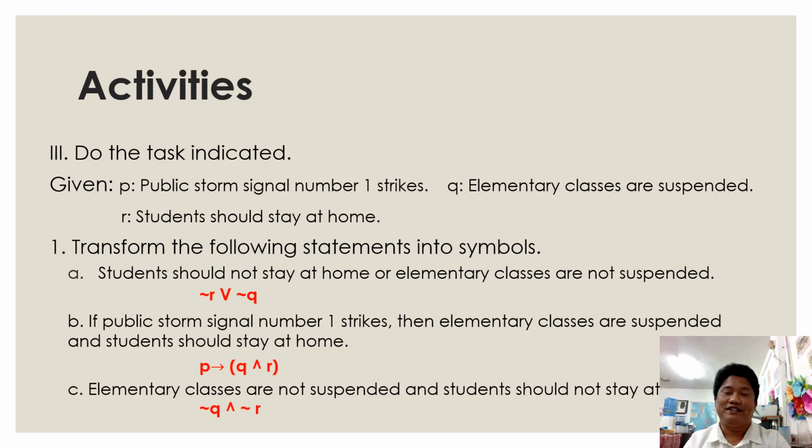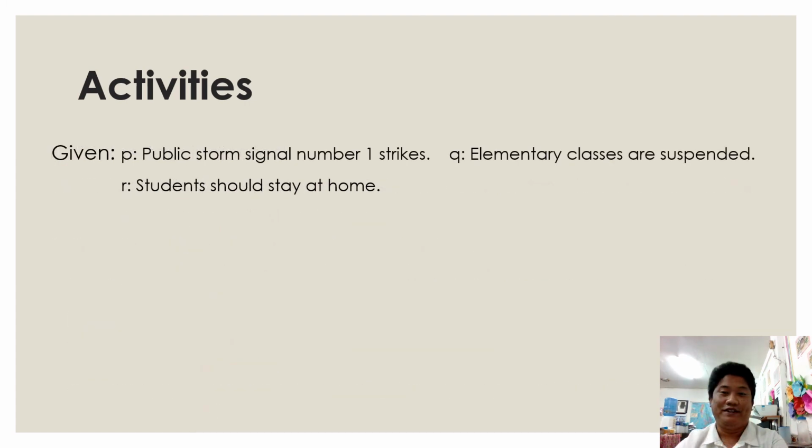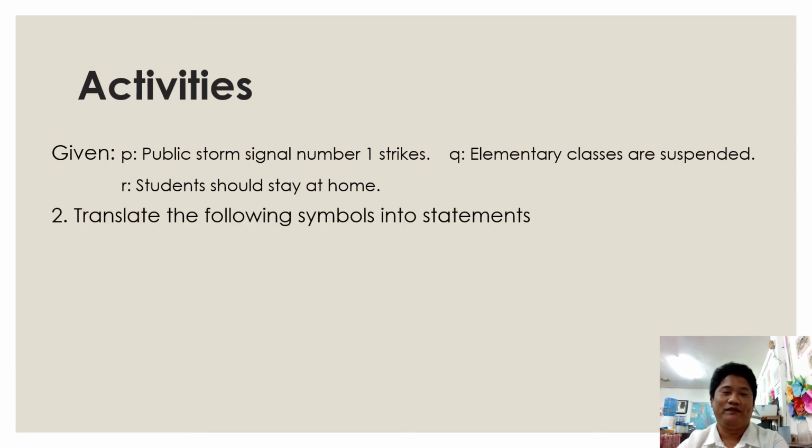Now let's move on to the second task of activity number 3, with the same three propositions P, Q, and R. For the second task, we have to translate the following symbols into statements.